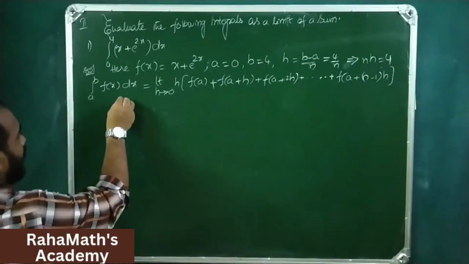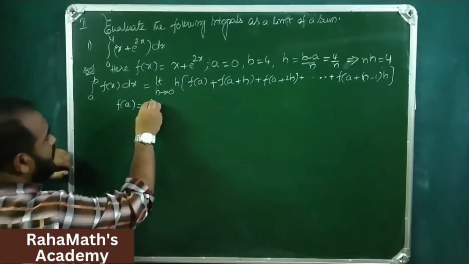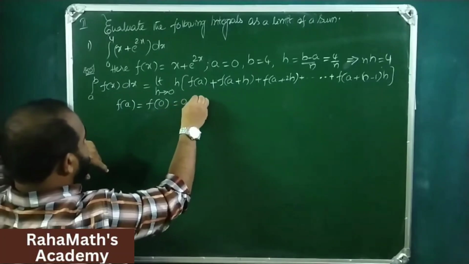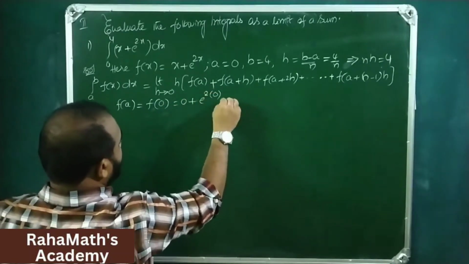Now, let us evaluate f of a. What is f of a? a value is 0. So f of 0 equals 0 plus e power 2 into 0.